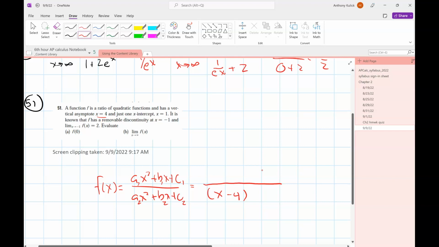If I have an x-intercept at 1, the numerator must have contained the factor x minus 1. If it has a removable discontinuity at x minus 1, then I know that there must have been a factor of x plus 1 in both the numerator and denominator.